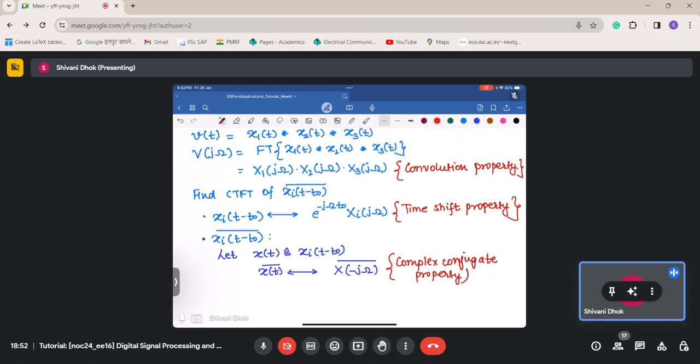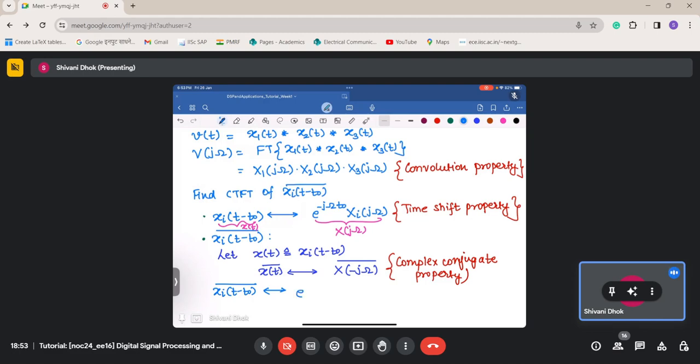So here this quantity is X of j omega, and this is x of t. So xi of t minus t naught will have a Fourier transform of this form. We need to take the conjugate as well as substitute minus j omega instead of j omega.